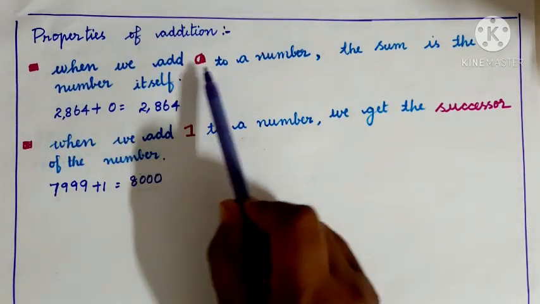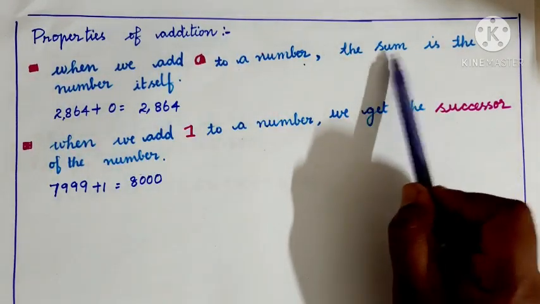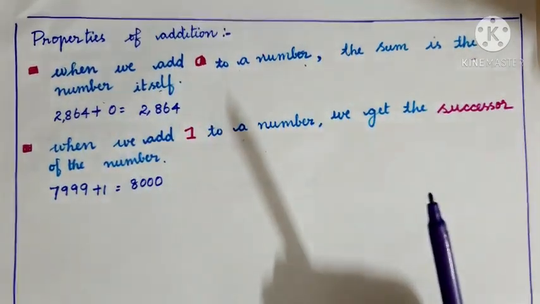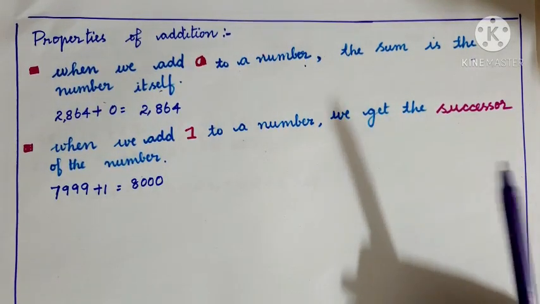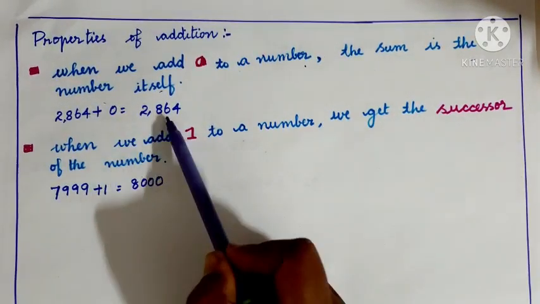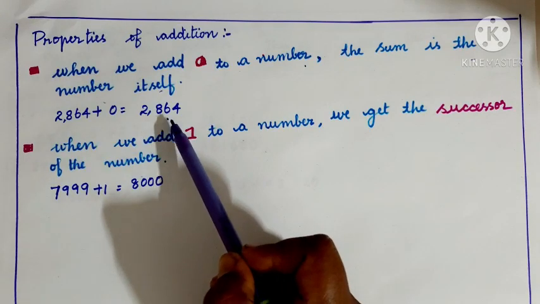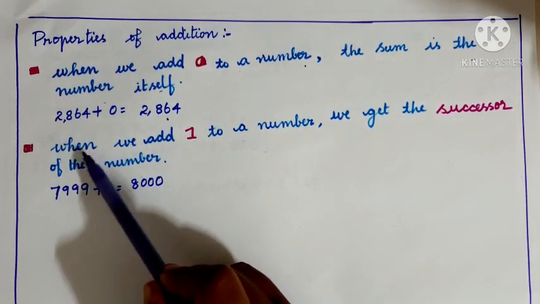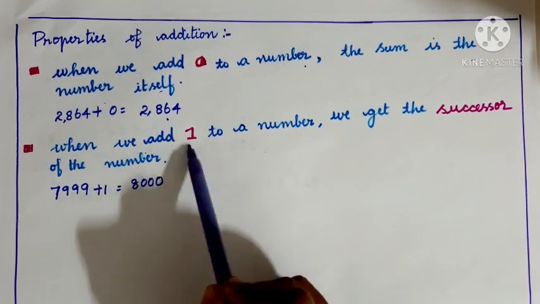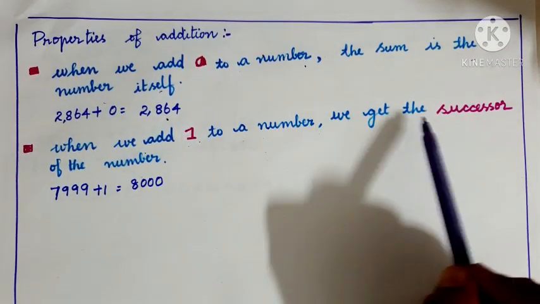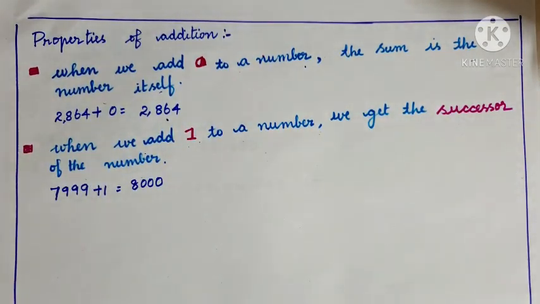When we add 0 to a number, the sum is the number itself. Any big number you add to 0, you will get the same number. Next property is when we add 1 to a number, we get the successor of the number.